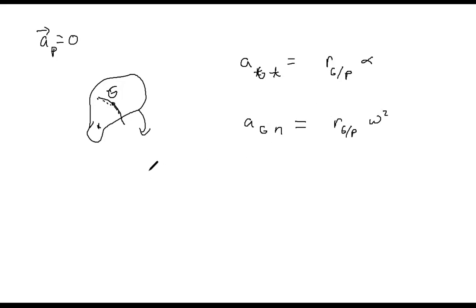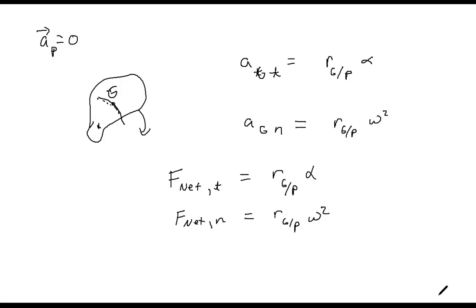We would write down Newton's laws: F net in the tangent direction must add up to r_G relative to P times alpha. F net in the normal direction is going to be r_G relative to P times omega squared.